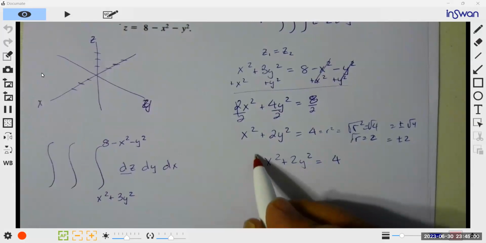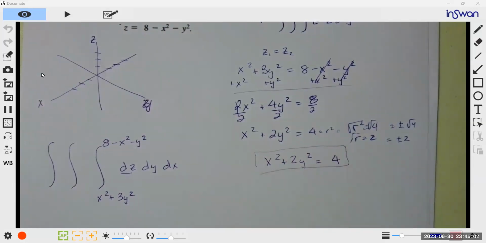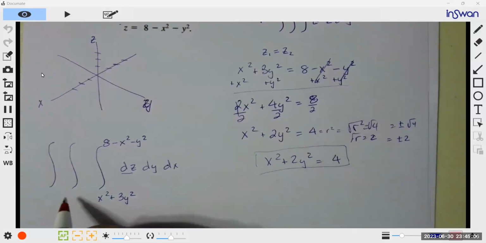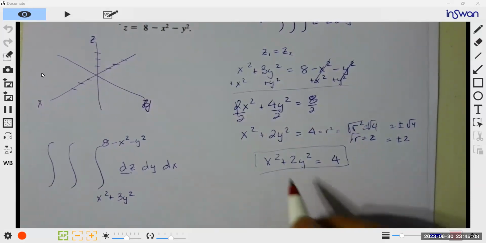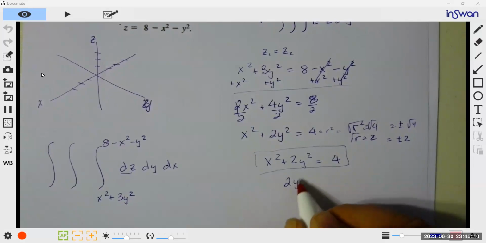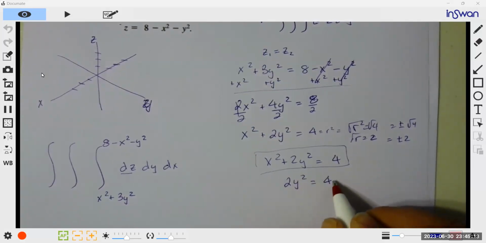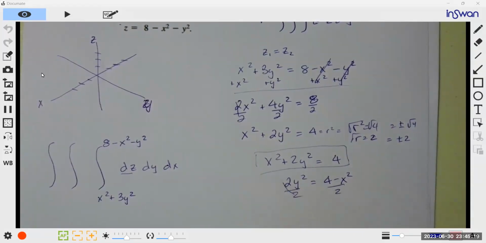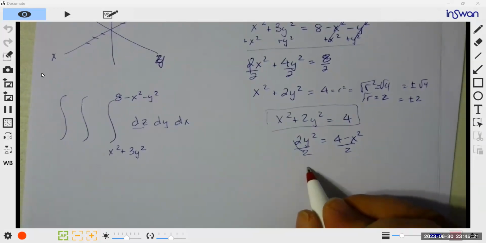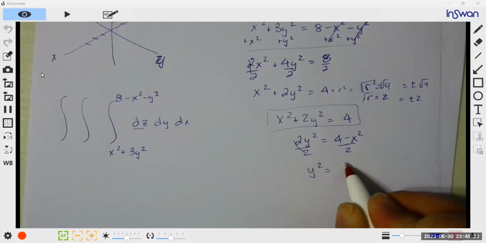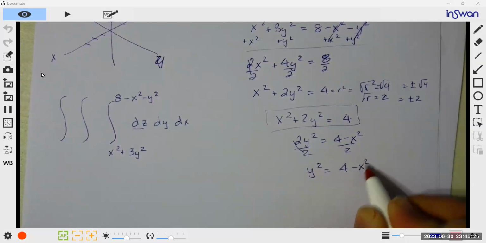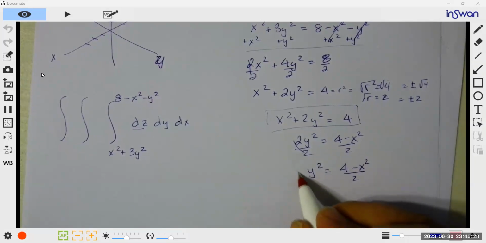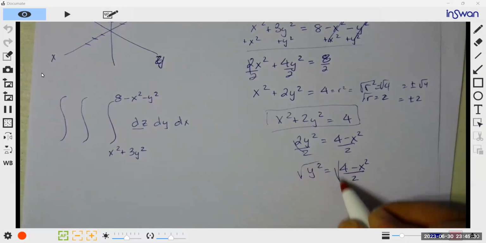Okay, now we have this formula here, which is only of x and y. We solve that one for y. So we have 2y squared equals 4 minus x squared, divided by 2, or x squared divided by 2, and we square root both sides.